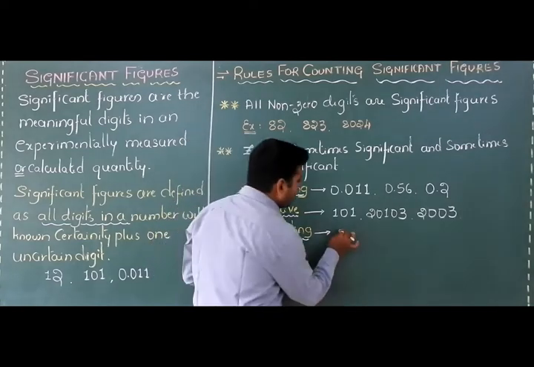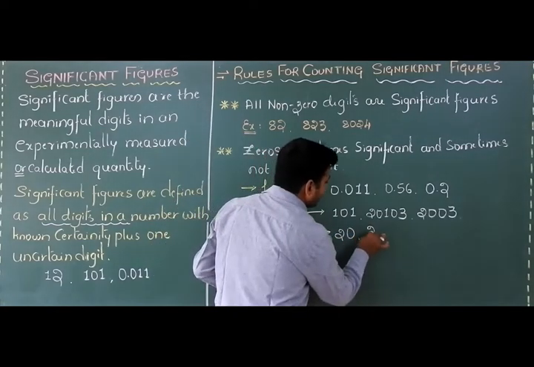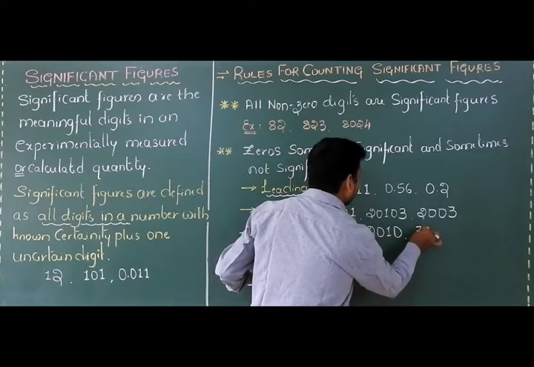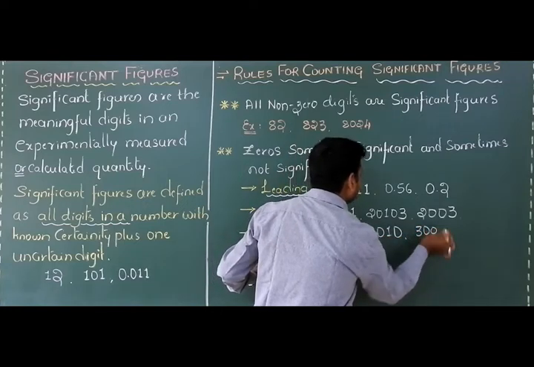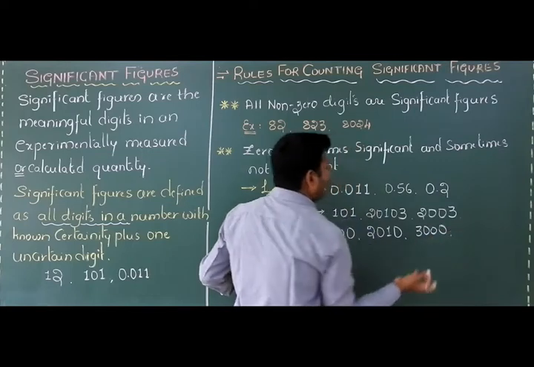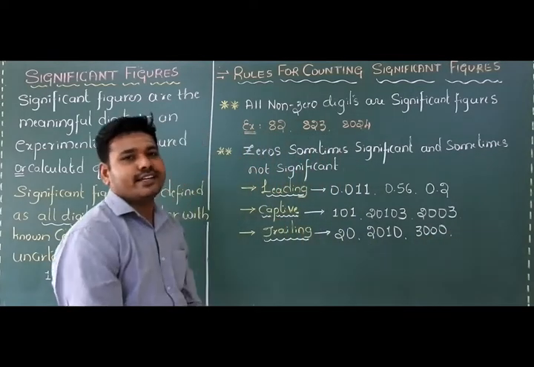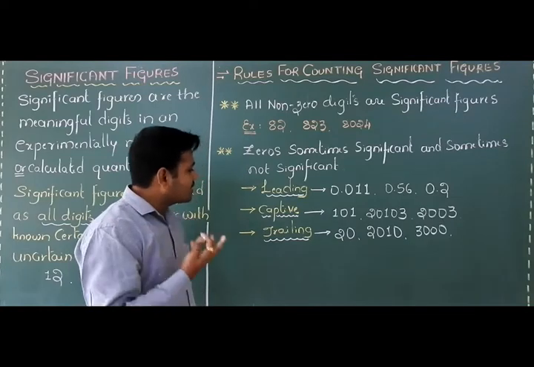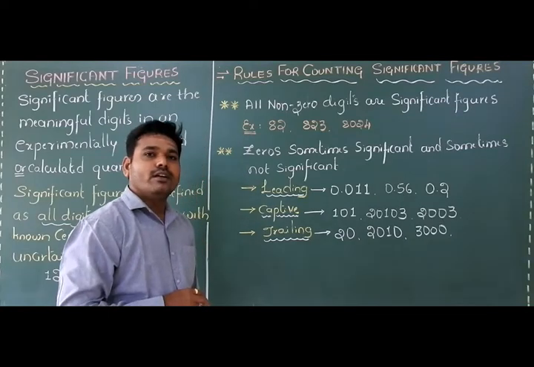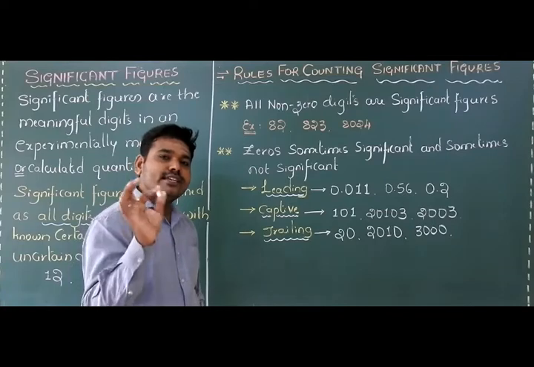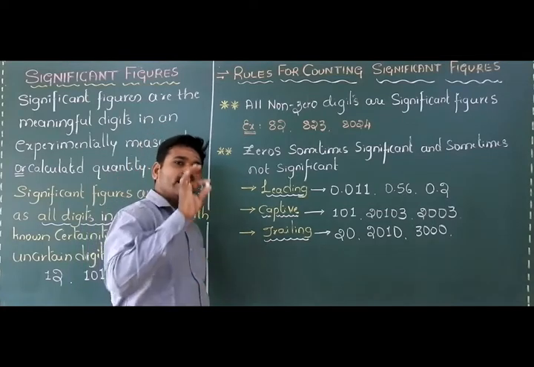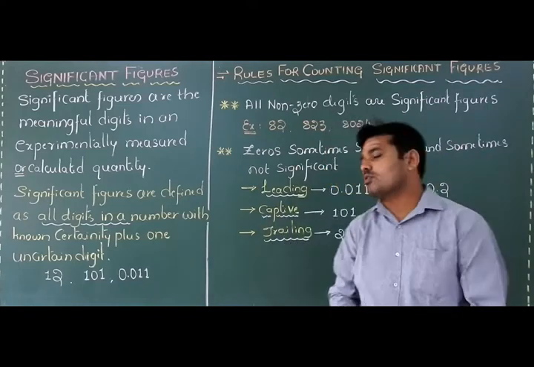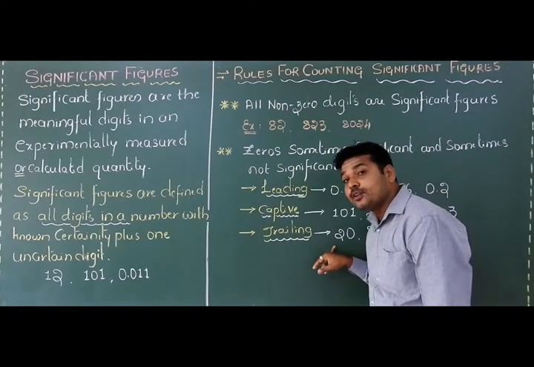The examples: 2010, 3000. All these are nothing but examples for trailing zeros. I repeat, the third type of zero we call a trailing zero. Trailing zero means the zeros which are present at the right end of the number, students.